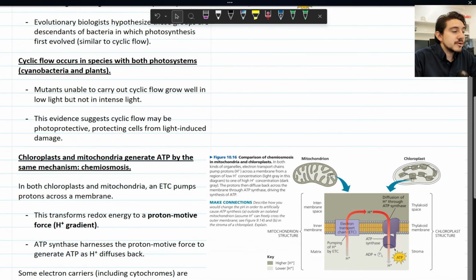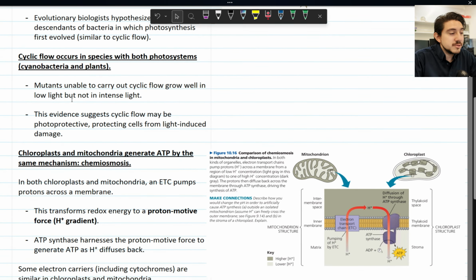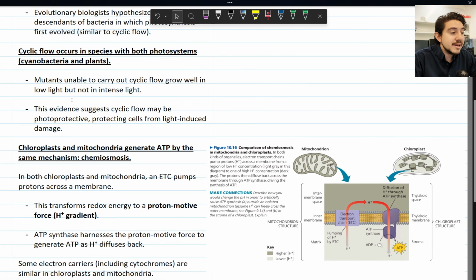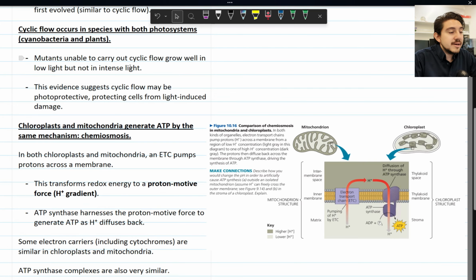Cyclic flow occurs in species with both systems. So some cyanobacteria and plants could carry out linear flow, of course, for plants, linear flow or cyclical flow. And mutants that are unable to carry out cyclical flow grow well in low light, okay, but not in intense light.